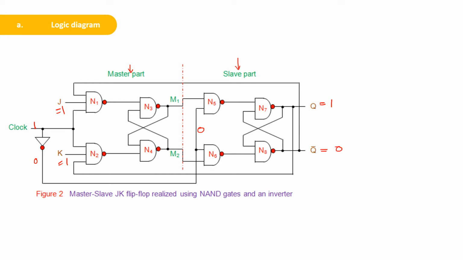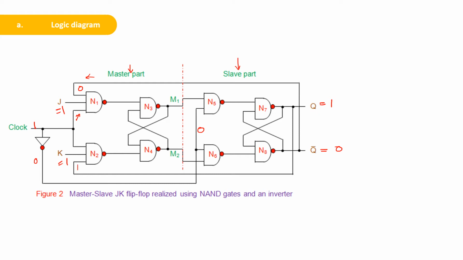Now, if you take the NAND gate N1, we have three inputs. First one is 1, that is from the clock signal. Second one is 1, and the third one is 0, that is from Q bar. Now, if you take N2, you have 1, 1, and the third one is again 1.